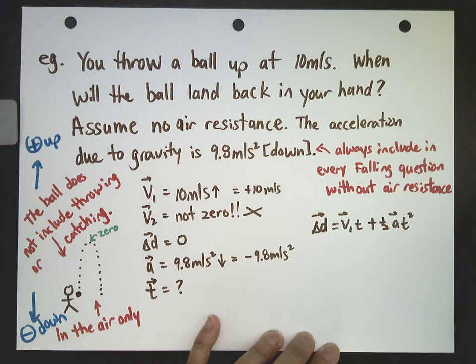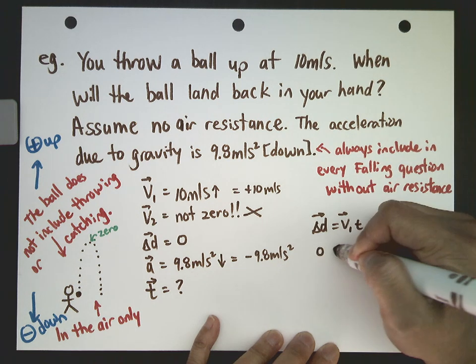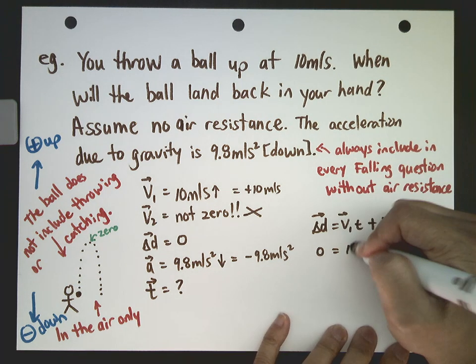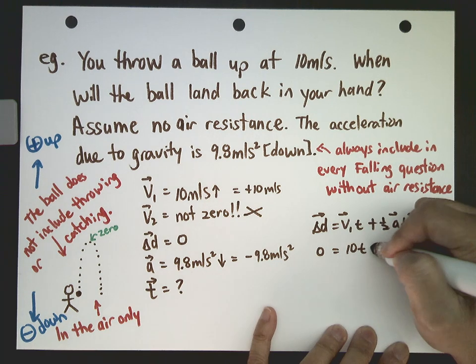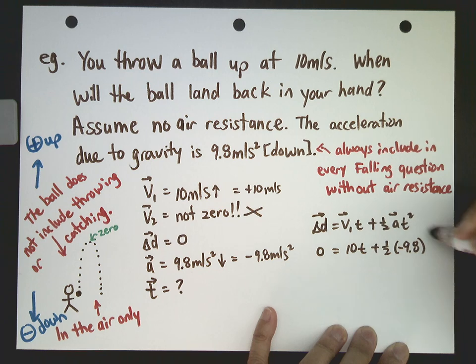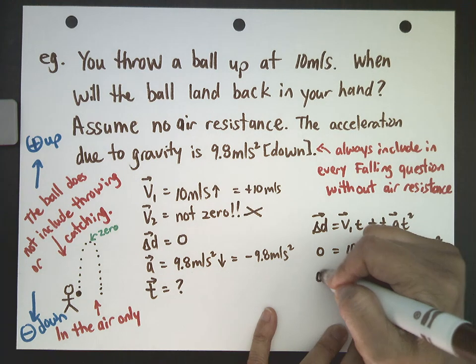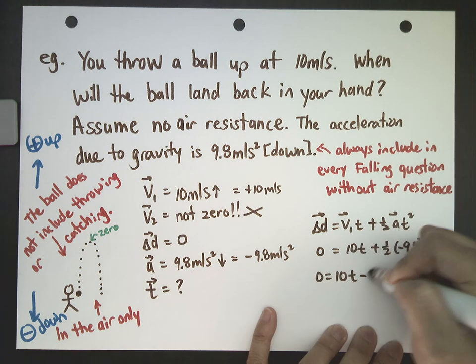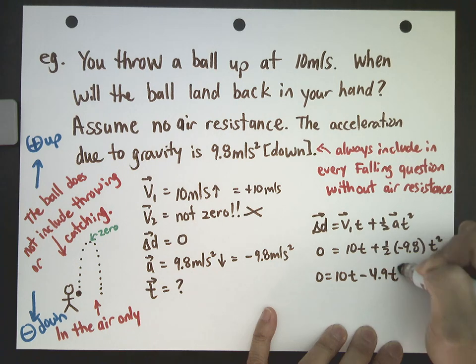Perfect. Okay, this is now 0. This is now going to be 10t plus a half times negative 9.8 t squared, or in other words, 10t minus 4.9 t squared.